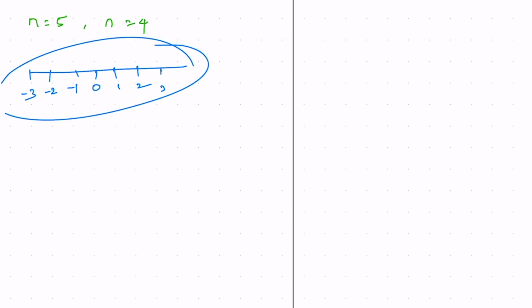It's very easy to see that for n equals 5, if you take it on a number line, 0, 1, 2, 3, minus 1, minus 2, minus 3, they already told us we can return any array.